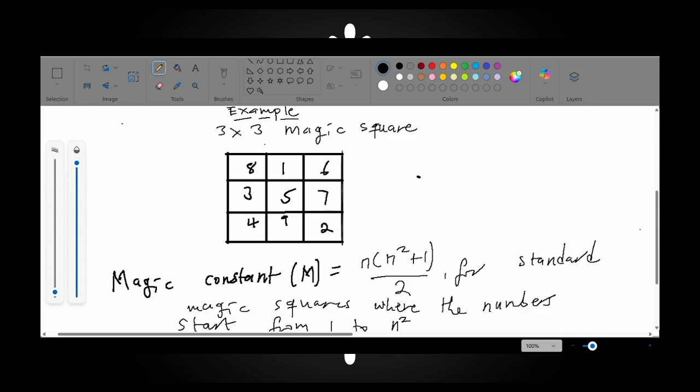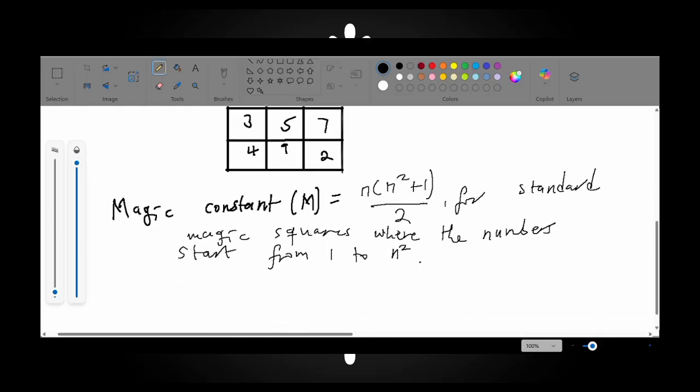So the numbers that we use to fill these entries, that is what we're talking about, those numbers for the standardized magic squares. The numbers start from 1 to n squared, right?